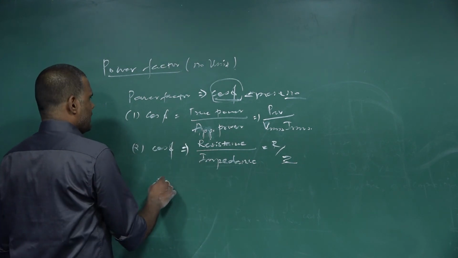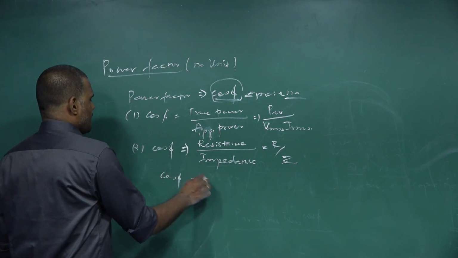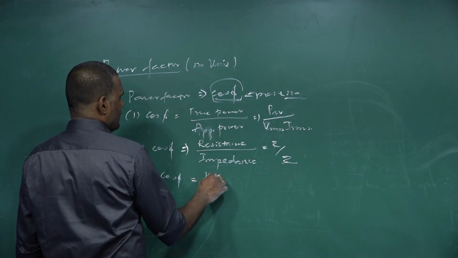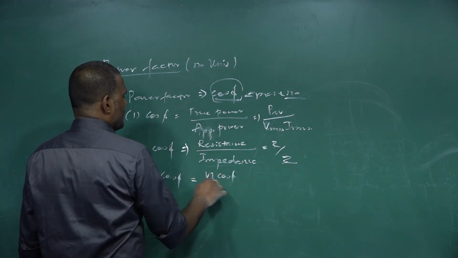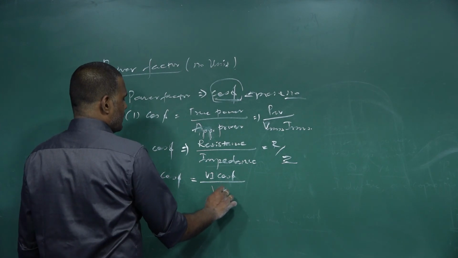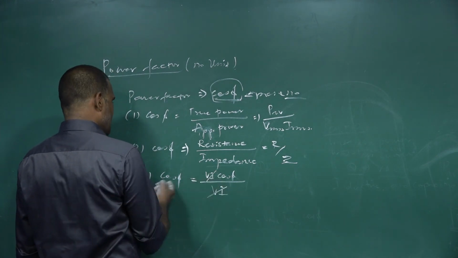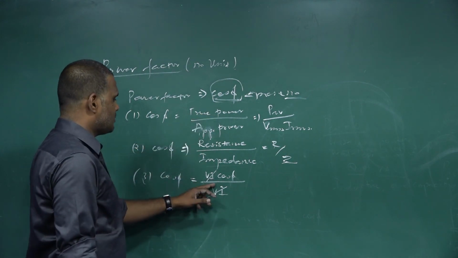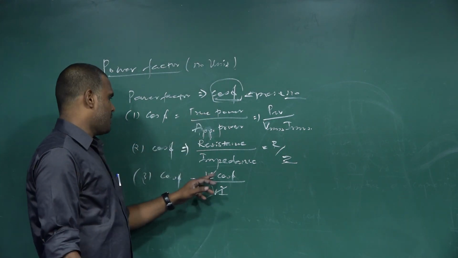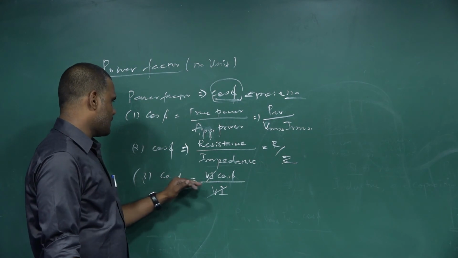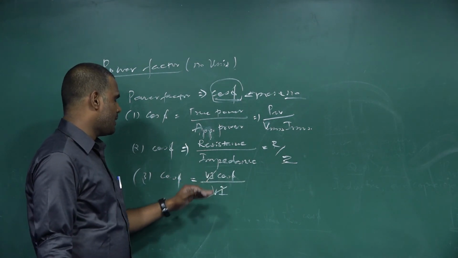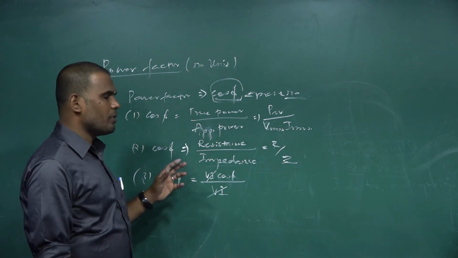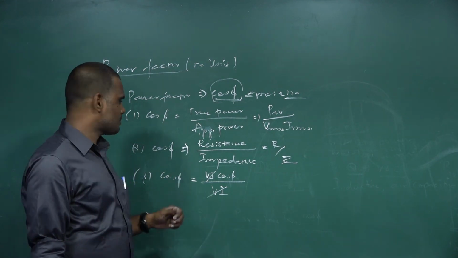Also we can write cos phi as the true power VI cos phi divided by apparent power VI. If we cancel this, you will get cos phi. So this is the other representation in terms of expressions. Cos phi, power factor, plays the key role in describing the power consumed by electrical circuits.